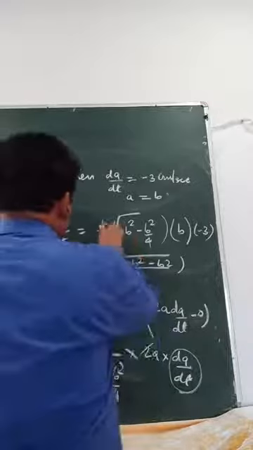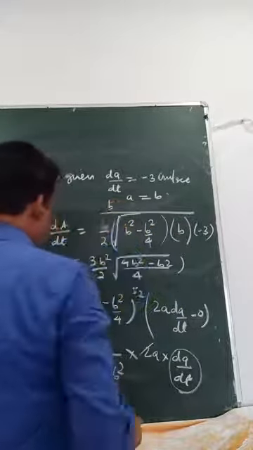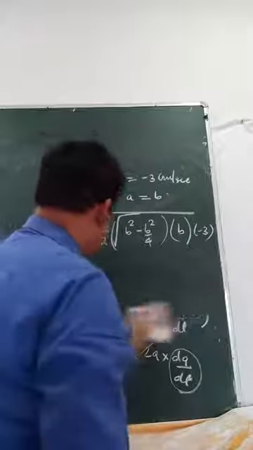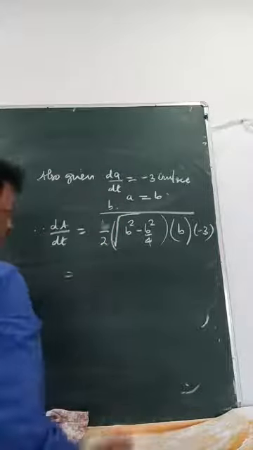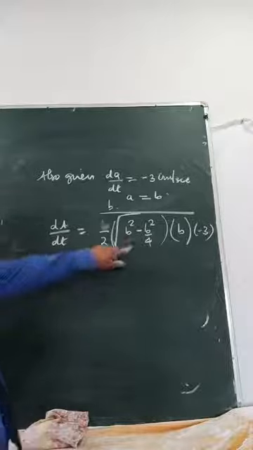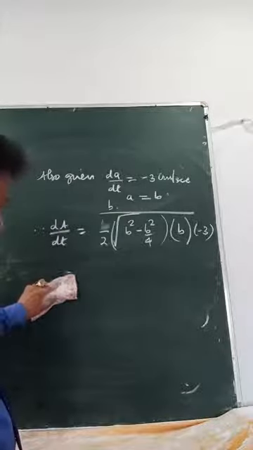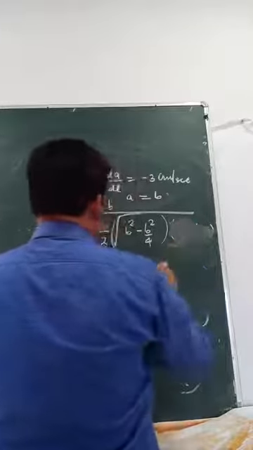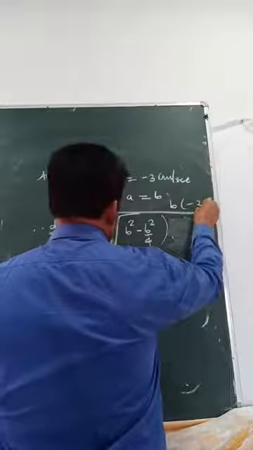Okay, here is a mistake. b by 2. So b by 2 means, so you write, we are taking it to numerator. So this is b here and minus 3.